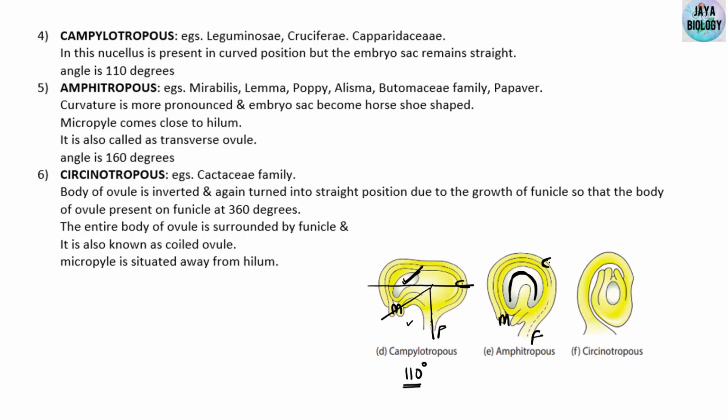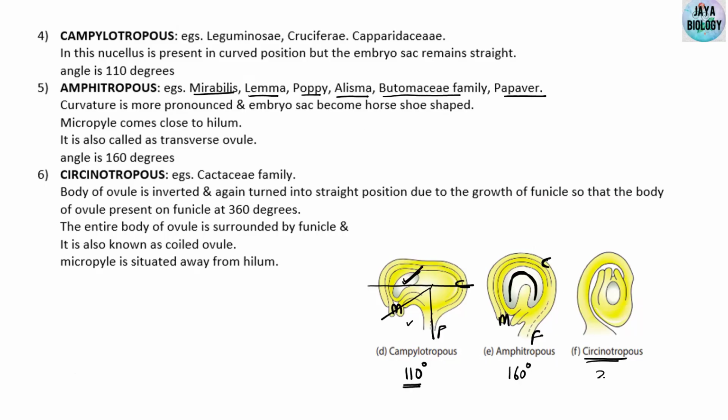Here the angle should be properly straight, but if you see it is not properly straight; the angle is of 160 degree. It is shown by families like Chenopodiaceae, Papaver, Mirabilis jalapa, Alisma, poppy, and we find the embryo sac is horseshoe shape. Please learn properly.